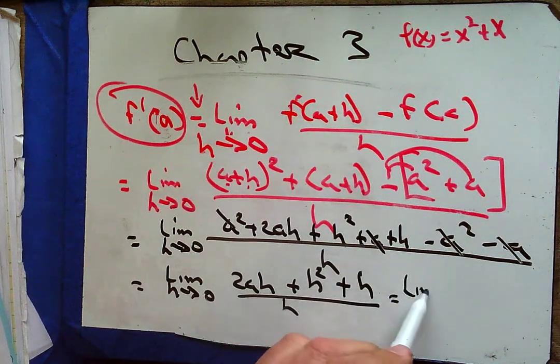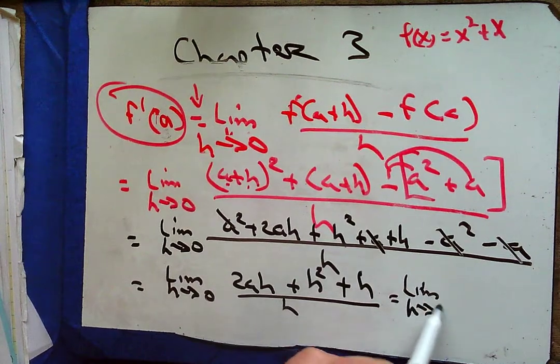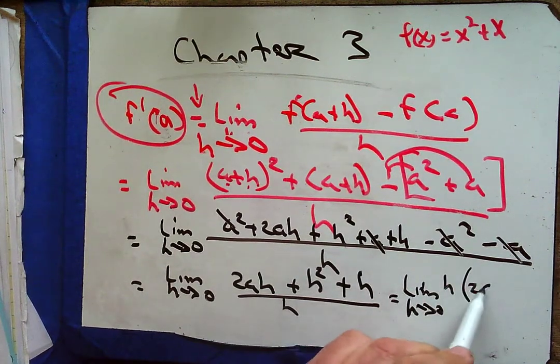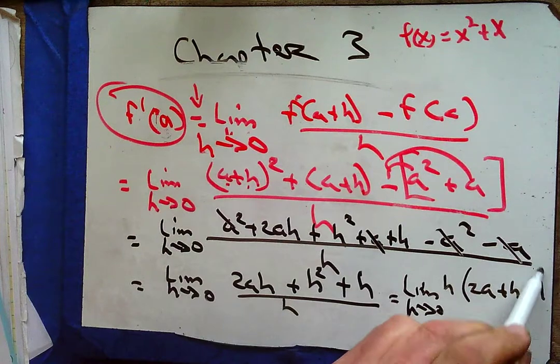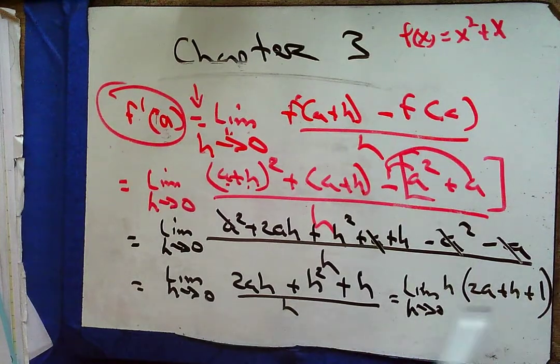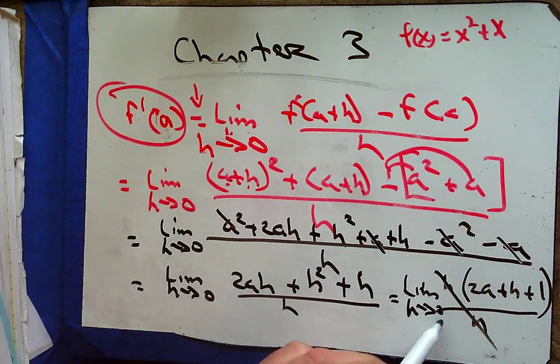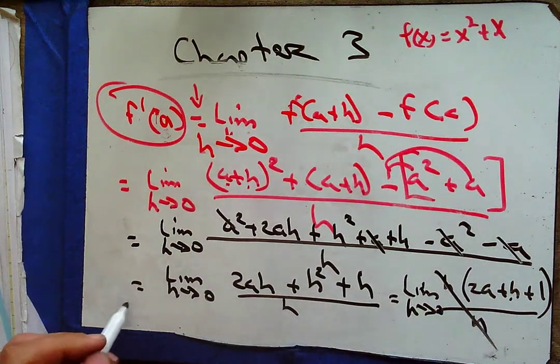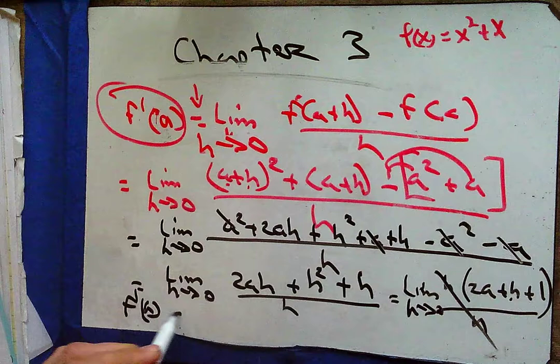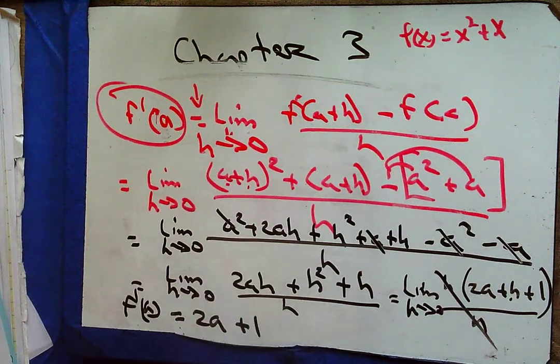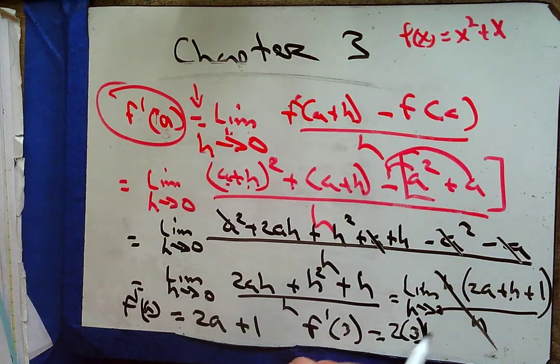And so we can take out an h from the numerator and have 2a plus h plus 1. Please don't lose that 1 over h. And now we can plug in our 0 for h and get f prime of a equals 2a plus 1. But remember, we want f prime of 3, so we're going to do 2 times 3 plus 1, or 7.